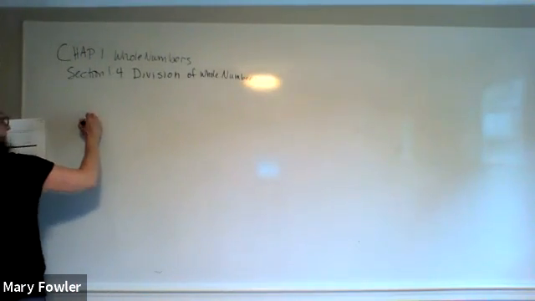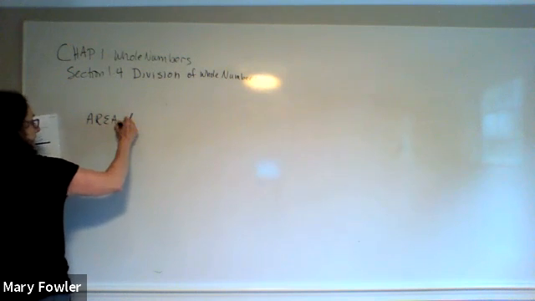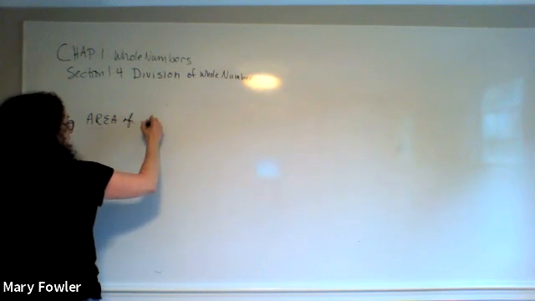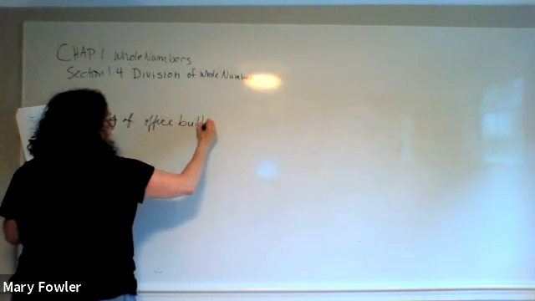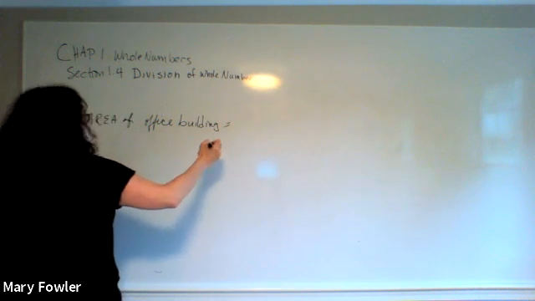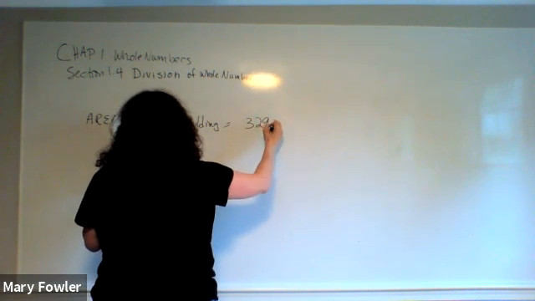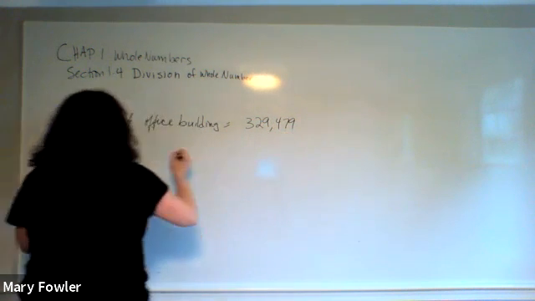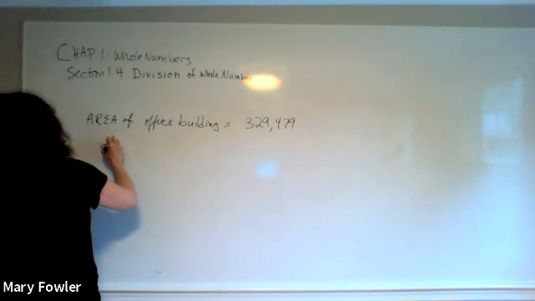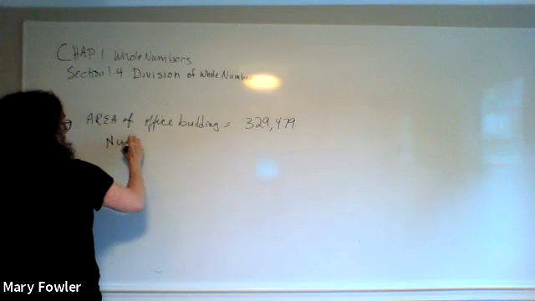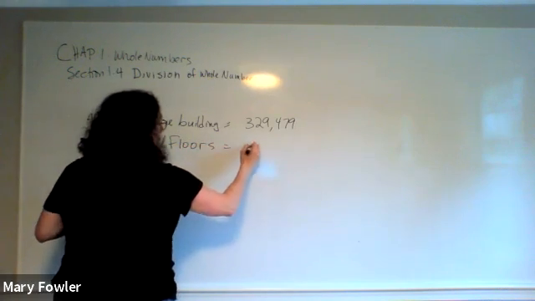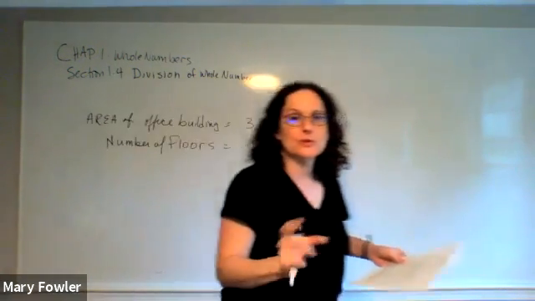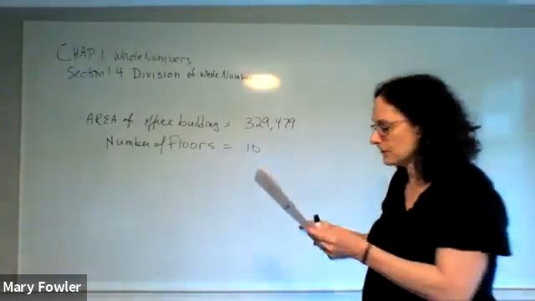So let's write the problem down. So the area of the office building is 329,479, and the number of floors is equal to 9, and we're looking to estimate the area on each floor.